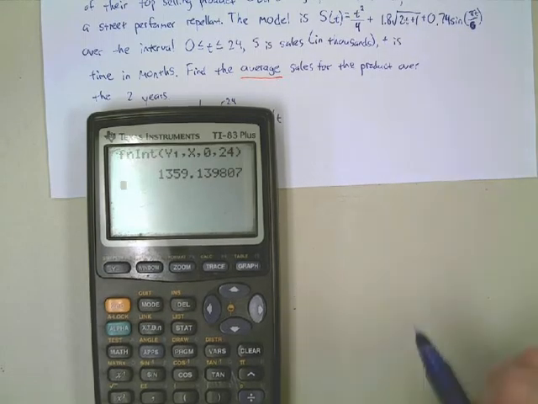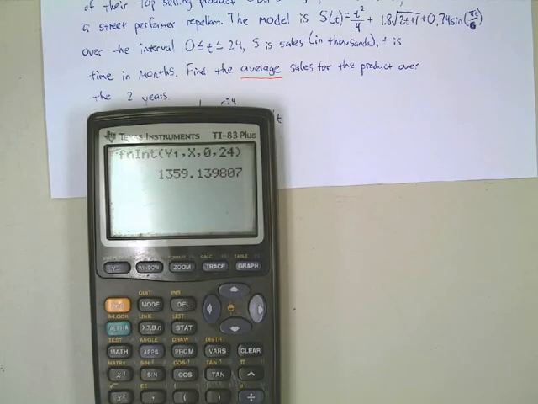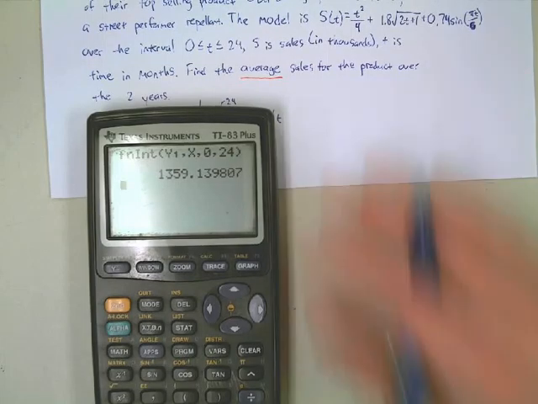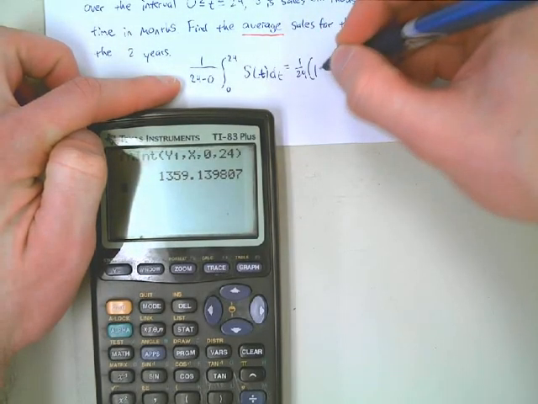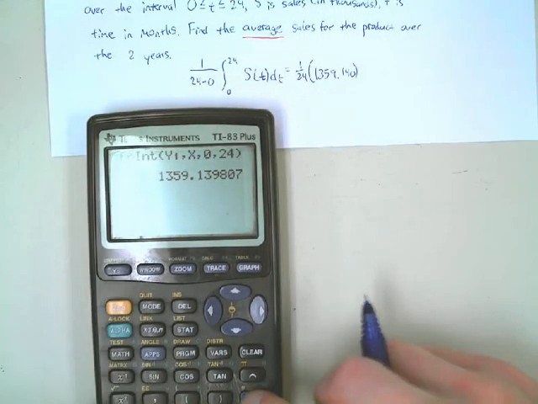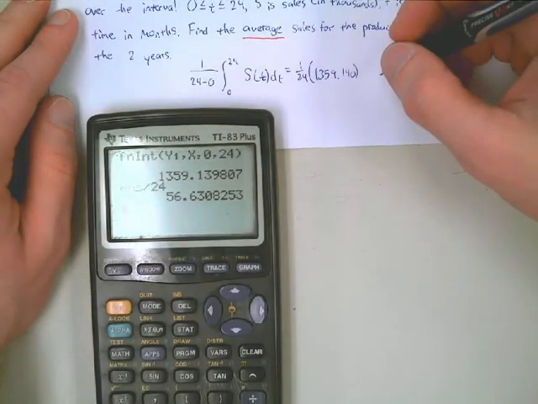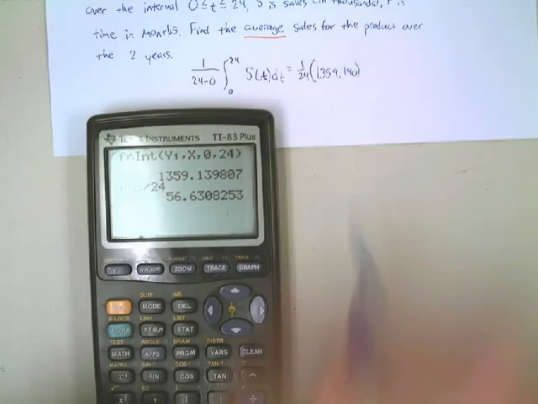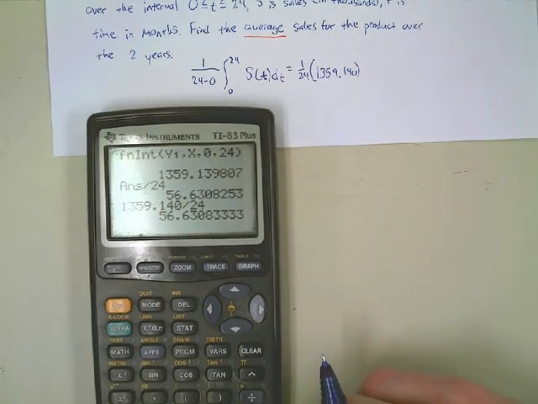But what do I still have to do to this number? You have to divide by 24, because it's 1 over 24 in front. So it's 1/24th of that, 1,359.140, I guess I'll say. Divide by 24, 56. I must have rounded that before I divided. 1357.2 is what I got before on my calculator.